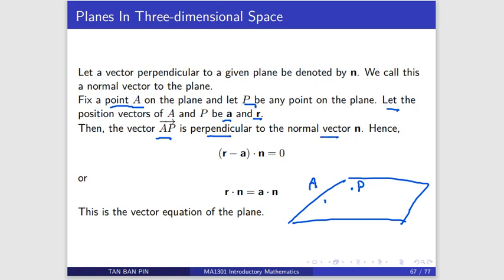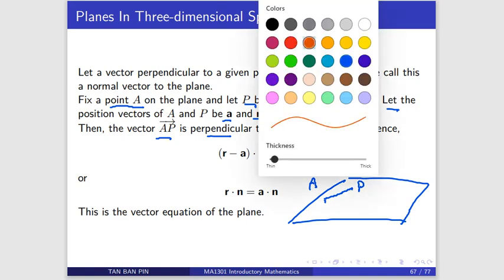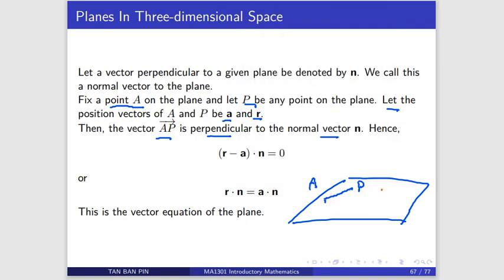So we can immediately connect A and P. And if you draw the normal line, you'll find it be a right angle. And AP is just OP minus OA, so it's just r minus a.